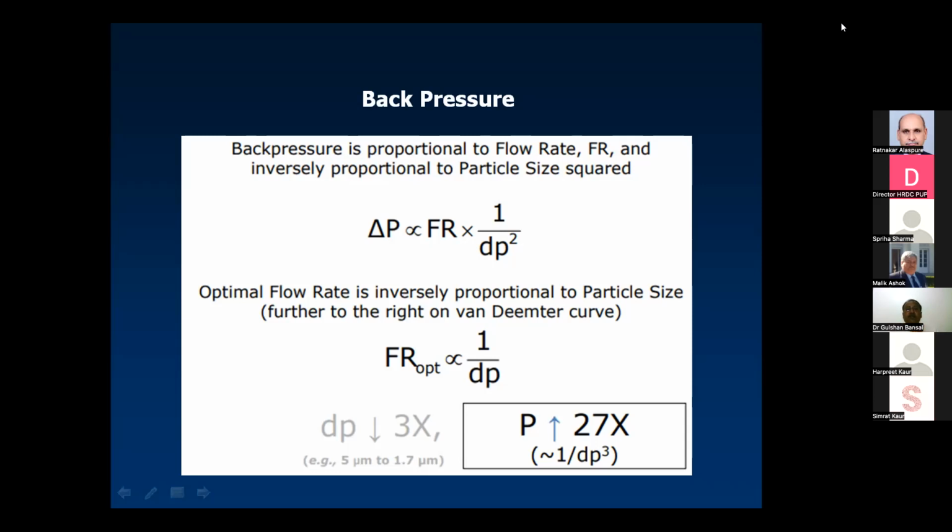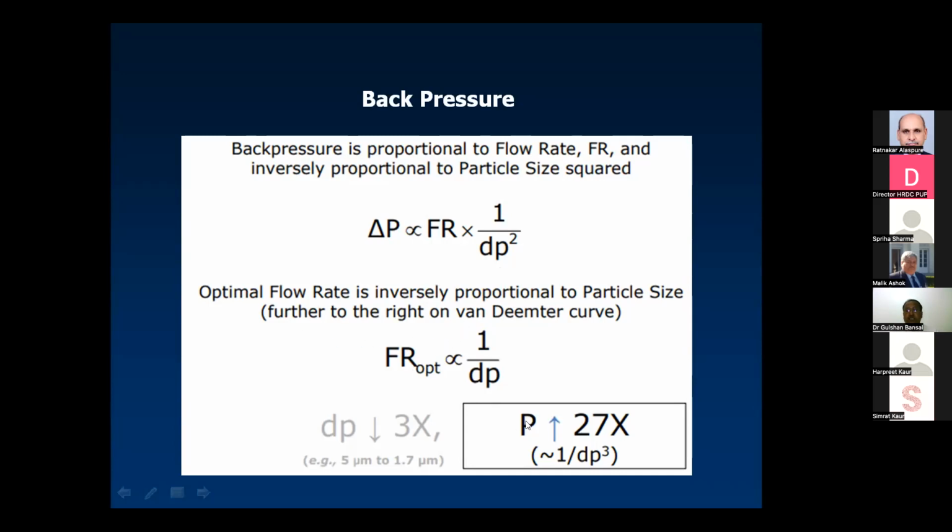So back pressure is proportional to flow rate, and flow rate is inversely proportional to the particle size squared. So the change in pressure is directly proportional to flow rate times the inverse of the particle size. Optimum flow rate is inversely proportional to the particle size.